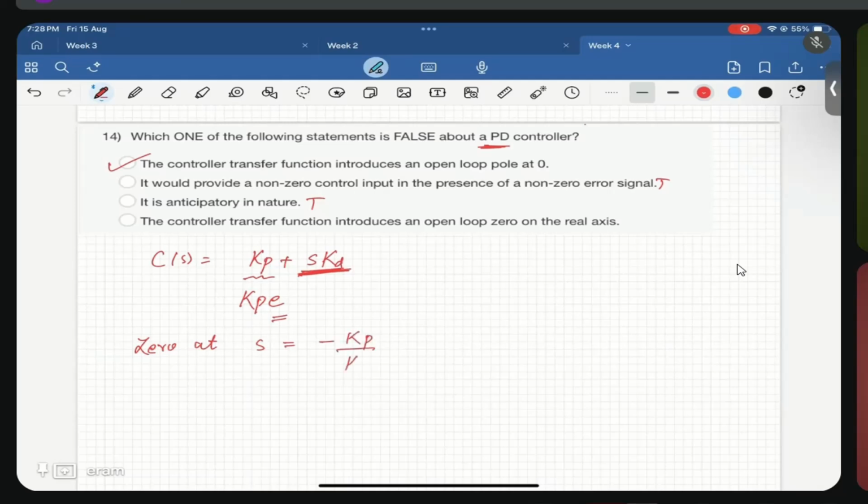It says that it introduces an open loop zero on the real axis. kp is a real number, kd is a real number, so the fraction is also a real number. So yes, it introduces a zero on the real axis. So this is also true. So the only false statement is option A.